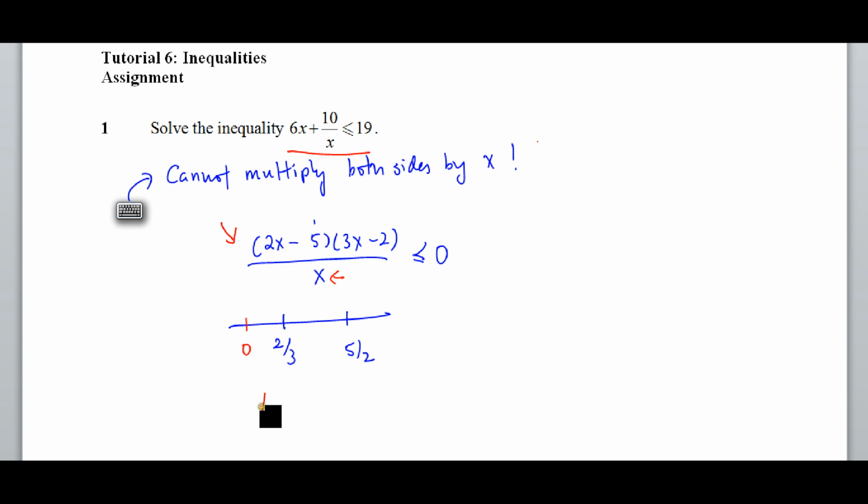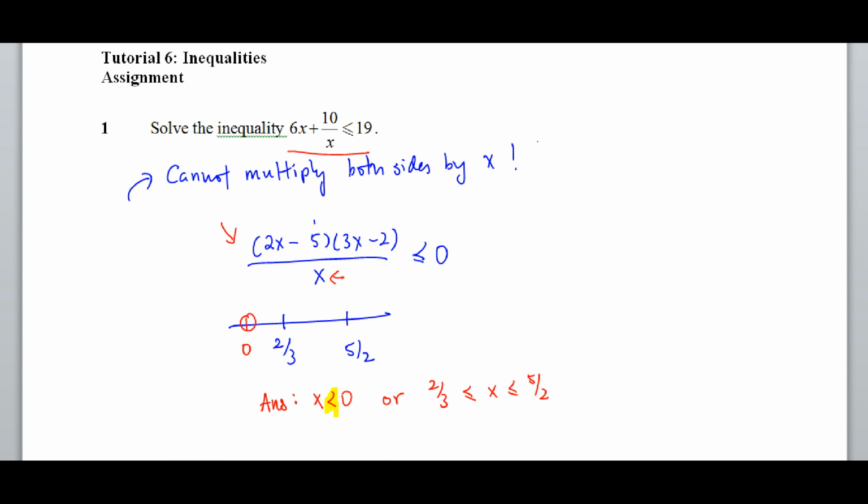Okay, I'm just going to quickly give you the answer. x smaller than 0, or... can you all notice that it is a strictly smaller than 0 here, because you've got to put a hollow circle here.